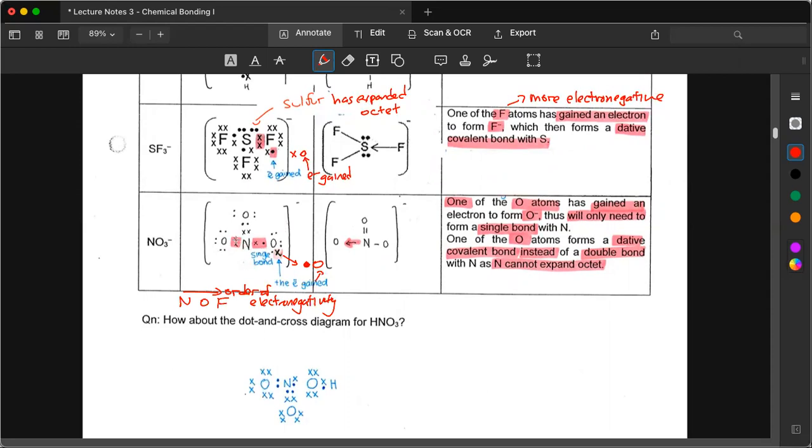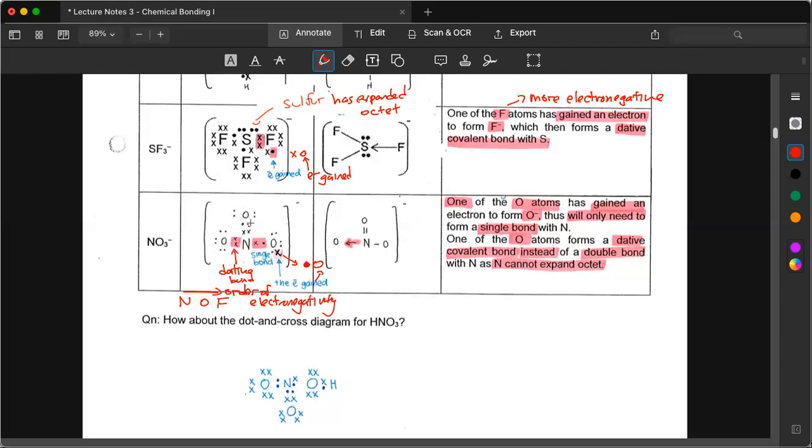So for the dot and cross diagram of NO3- nitrate ion, okay, nitrogen has 5 valence electrons. So out of the 5, 4 are shared with these 2 oxygens, 2 each. All right, and one of it is a dative bond. Okay, where nitrogen shares both electrons, and this oxygen never shares.